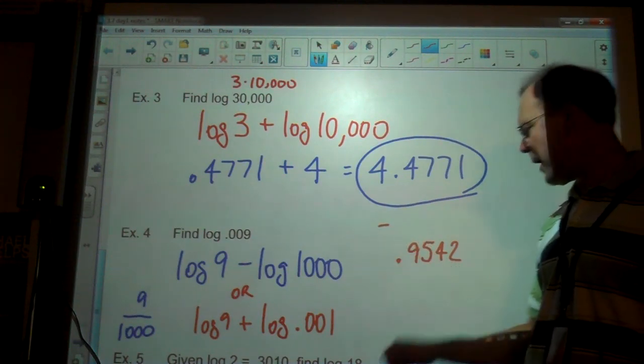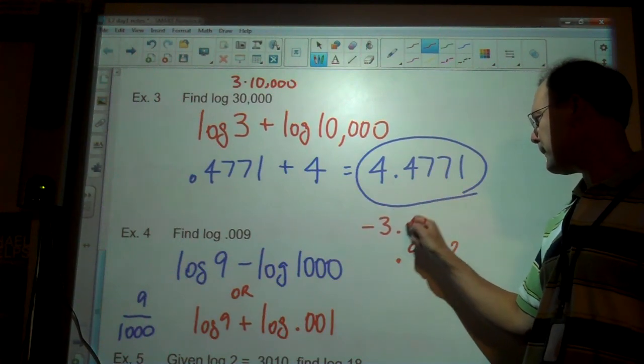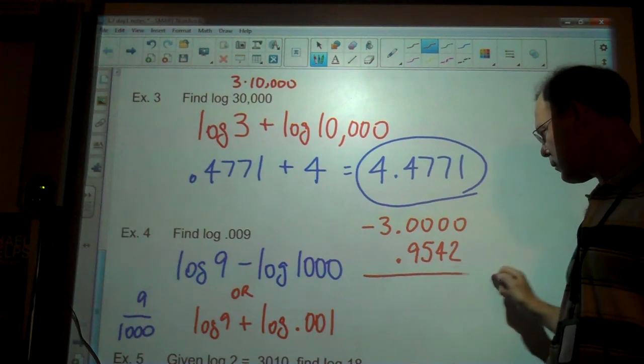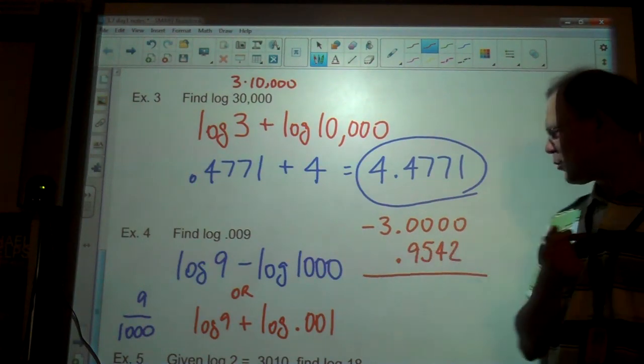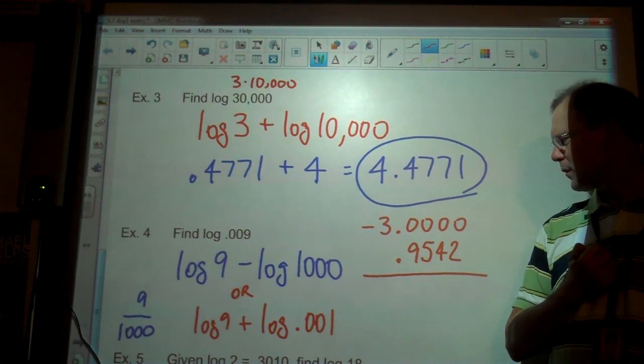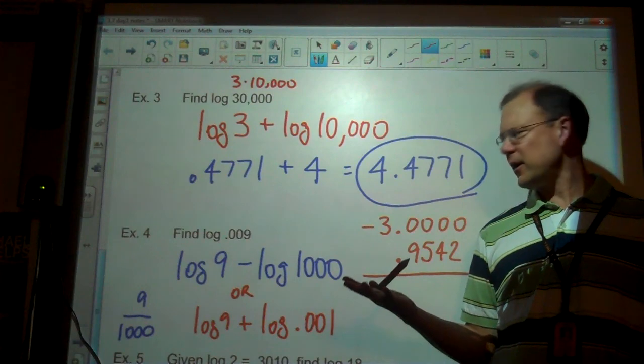Okay, so we need to combine -3 with .9542. So that's going to be -2 point something, right?